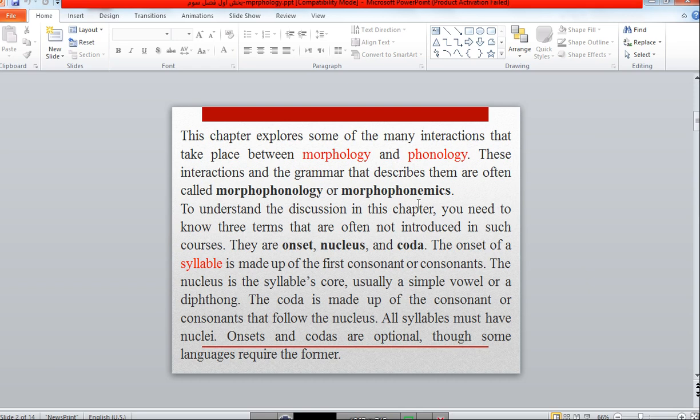So we begin in this chapter by looking at phonological processes such as, for example, assimilation and the effect that they have on the shapes of morphemes. We then consider limitations on the phonological shape of morphological entities such as words and stems. From there, we move on to two general types of affixes that are distinguished in part by phonological criteria.